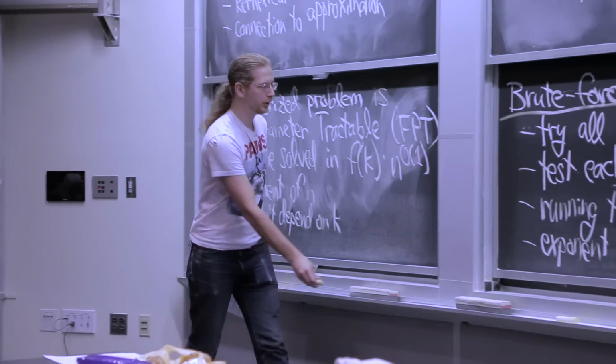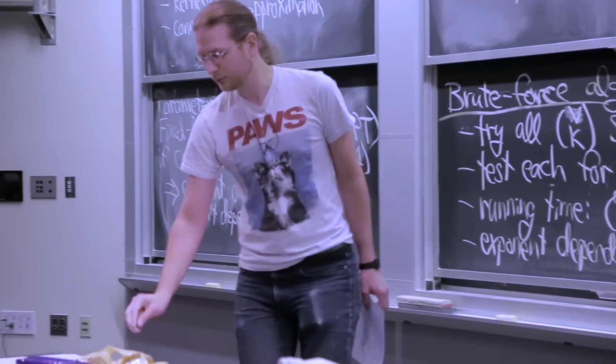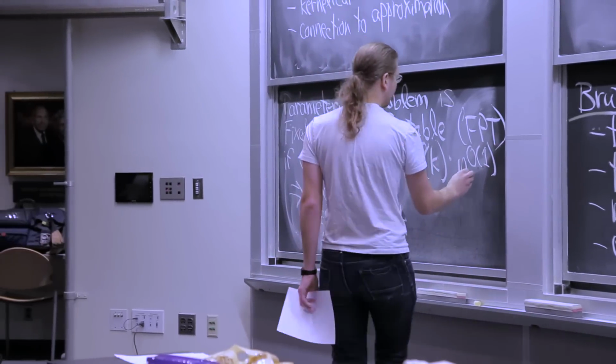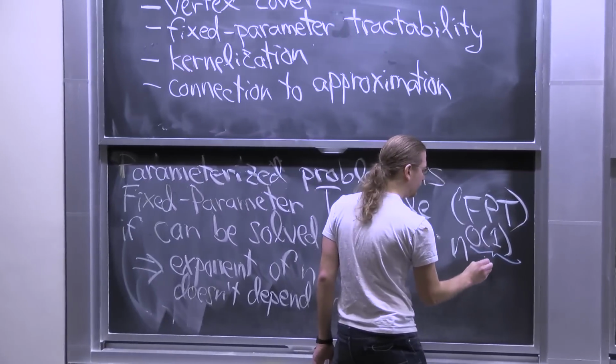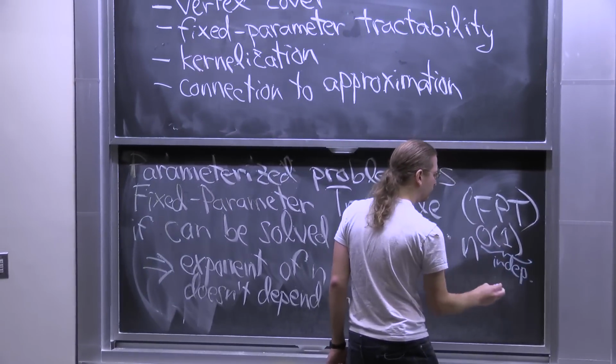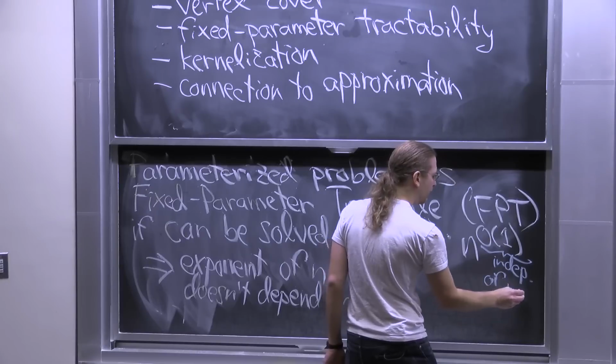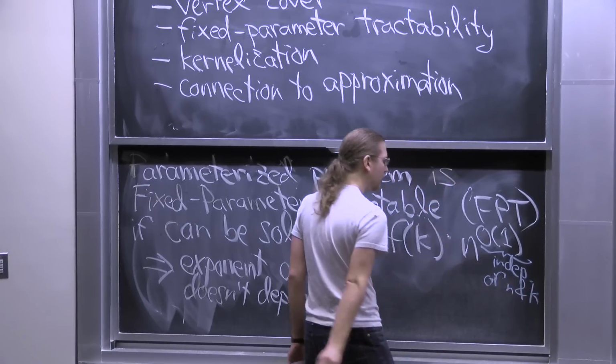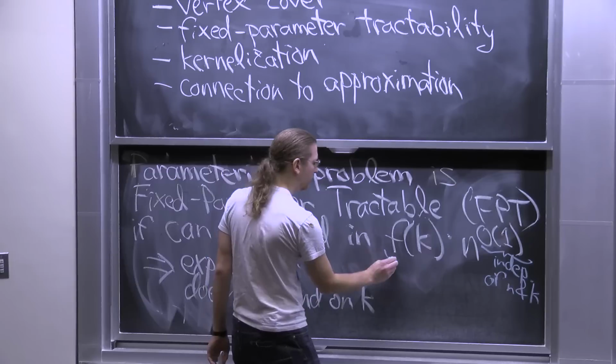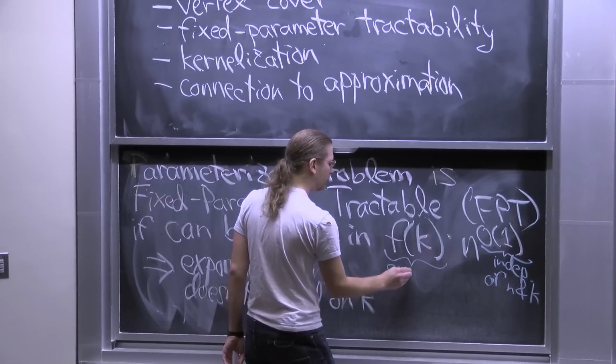So for this definition, just to be explicit, I want the constant here to be independent. Of course, it should be independent of n, and it should be independent of k. This can be any function.